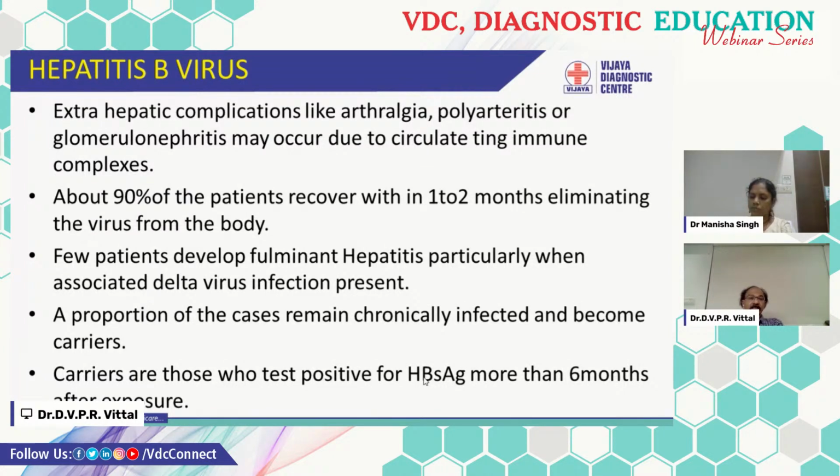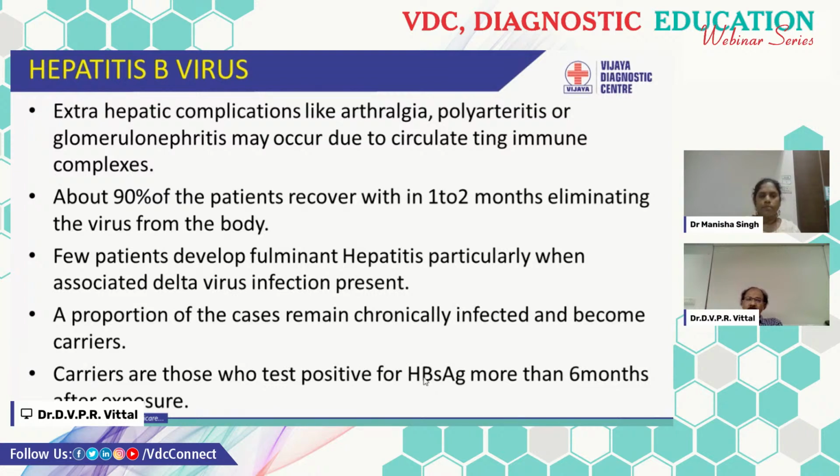In this particular disease, there are extrahepatic complications like arthralgia, polyarteritis, glomerulonephritis, and thrombocytopenia. Such extrahepatic complications are also seen to occur during the infection, and this is attributed to circulating immune complexes in the blood.